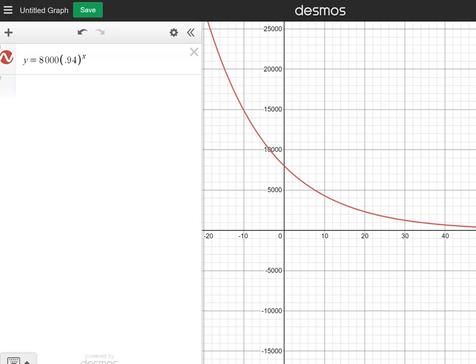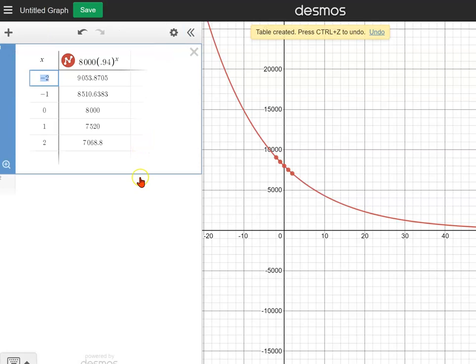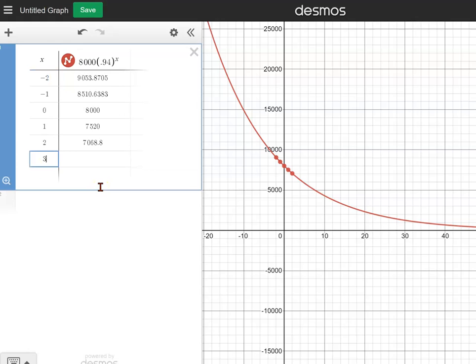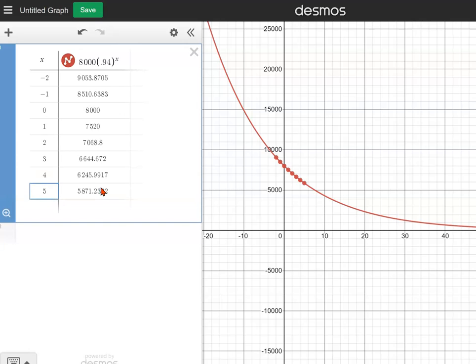It's decreasing by 6%. And to get the table, let's change this to the table of values, and let's project when it's going to be 5,000. So on the fourth year, on the fifth year, it's 5,871.